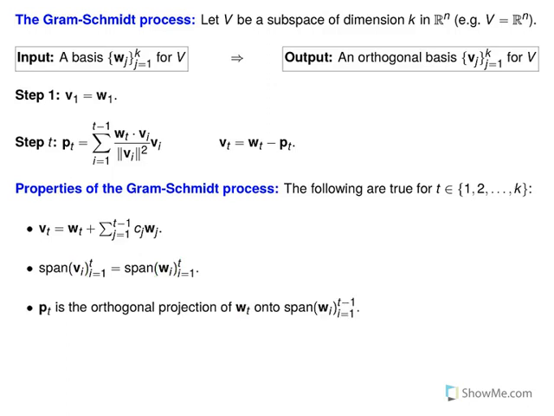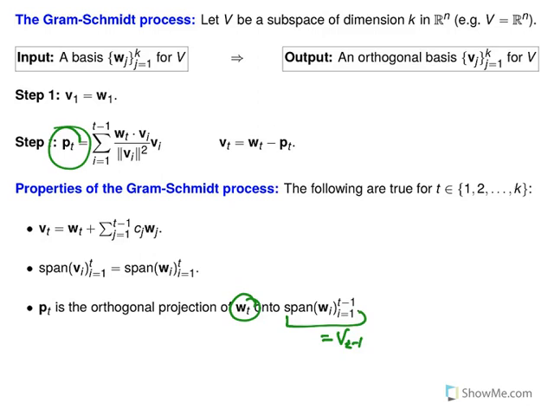Then the next bullet point gives a meaning to PT in the process: it's the orthogonal projection of WT onto this space, which we refer to as capital VT minus 1. This is the span of the first T minus 1 basis vectors.